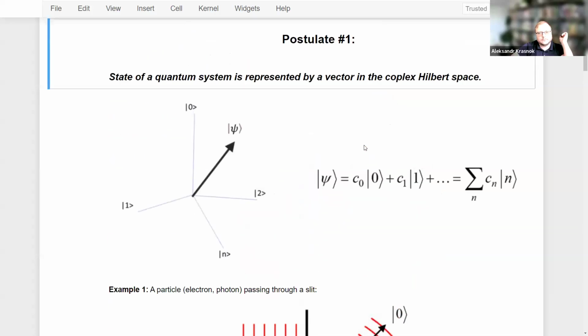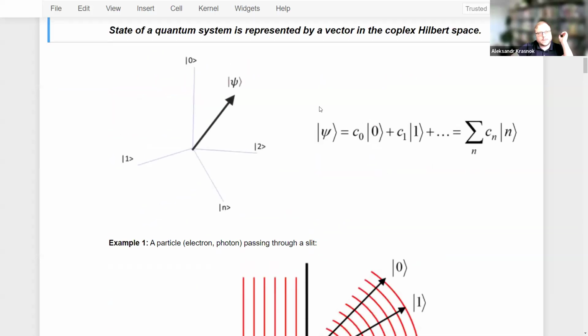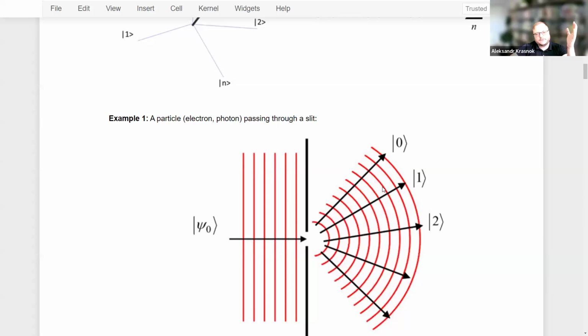So this is the example or essence of this summation here. You sum up over all basis states. These basis states are orthogonal, of course, because if the electron moved this way, it definitely didn't move another way. So they are orthogonal in the Hilbert space.